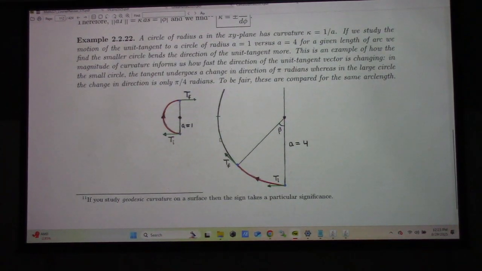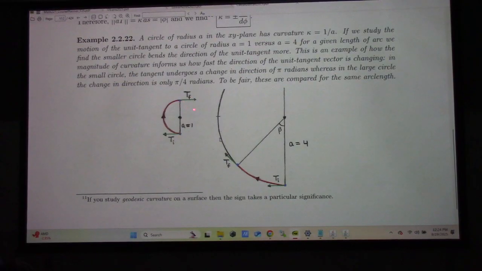Here we have a curvature of 1 over a. And so if we study the circle of radius a equals 1 versus a equals 4 for a given arc length, you see what happens. If I have curvature 1, and I go over this much length of arc, I'm completely turning the tangent vector around.